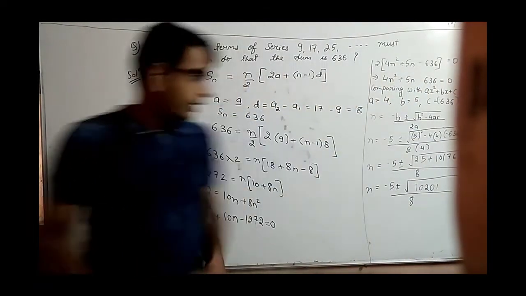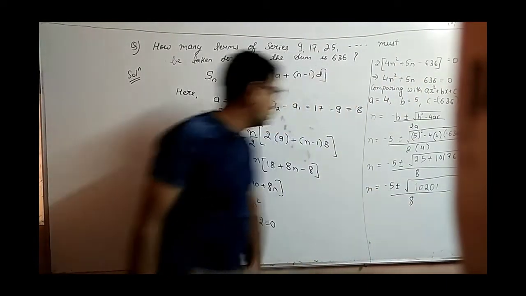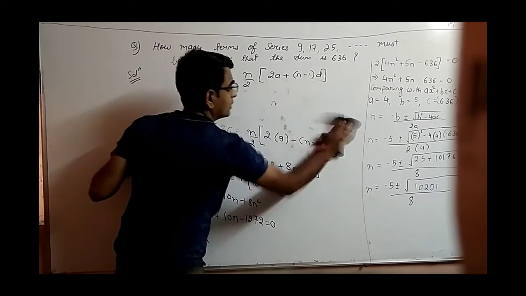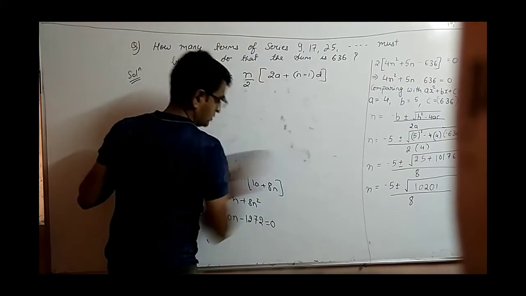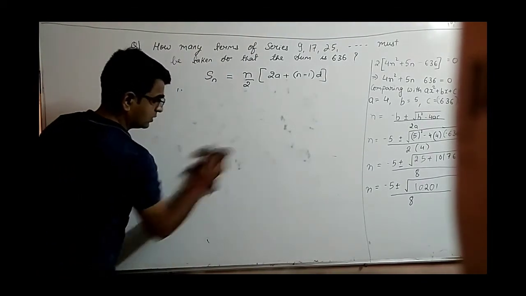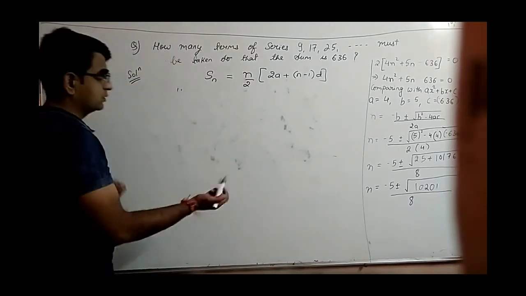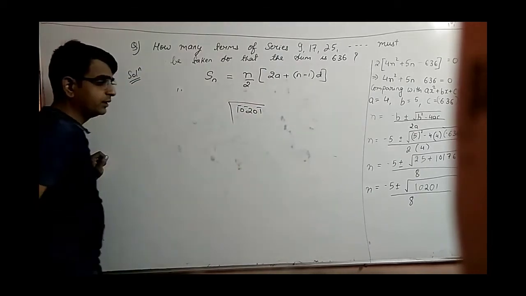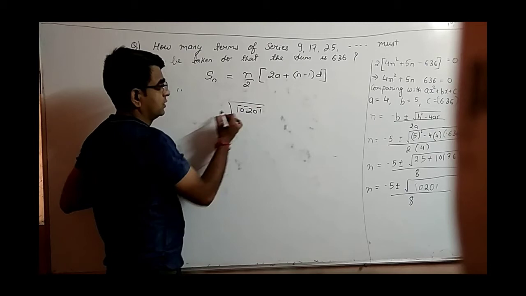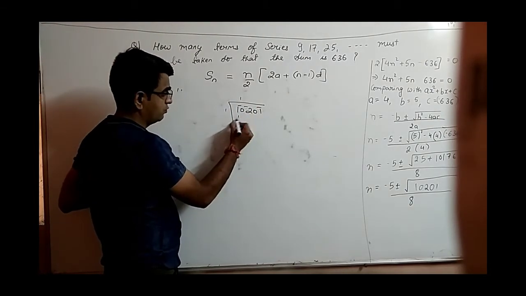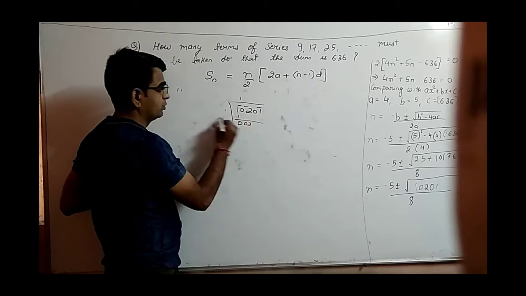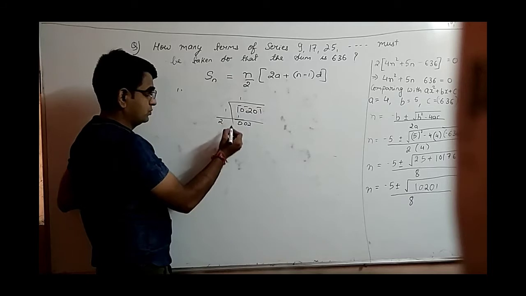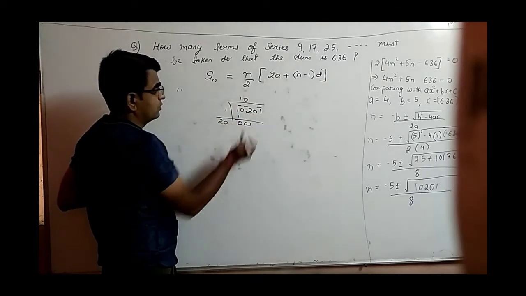For this, I have to find the square root of 10201. Just find the square root by long division method.